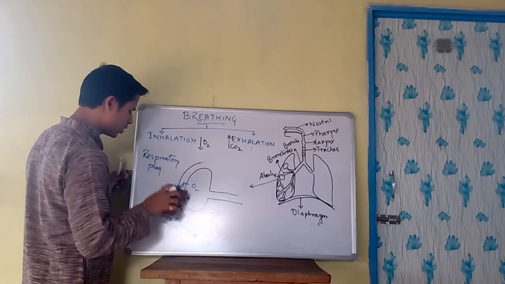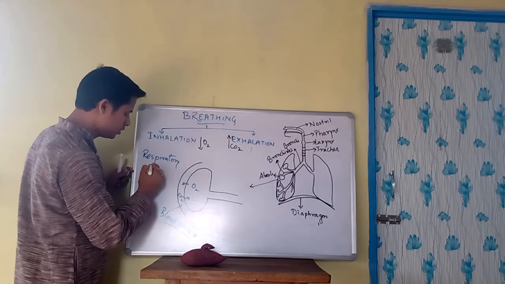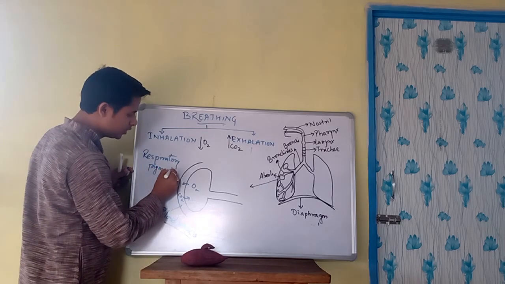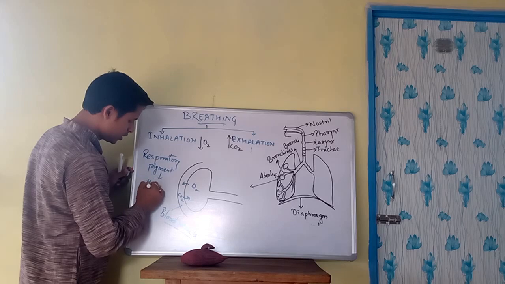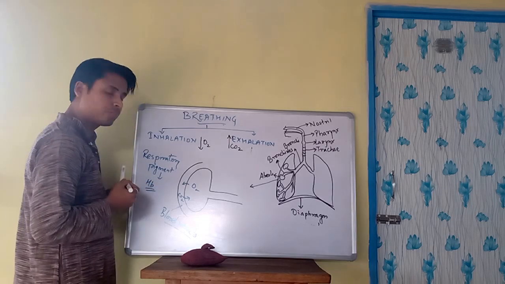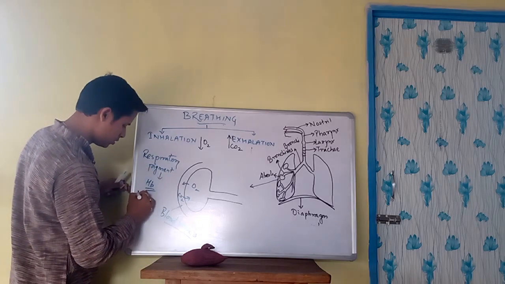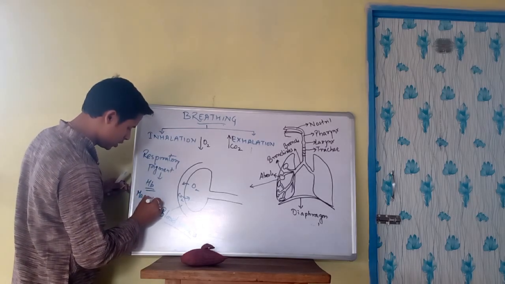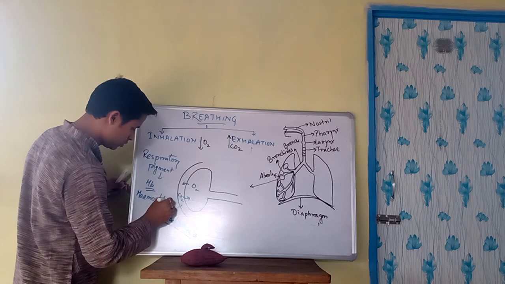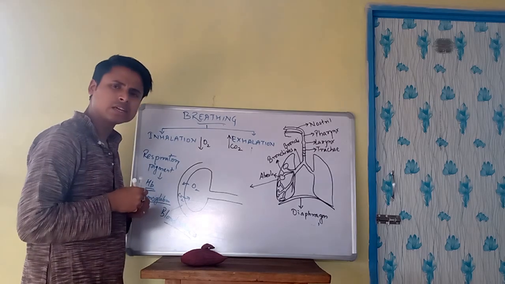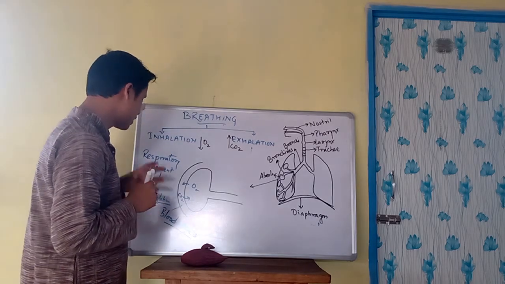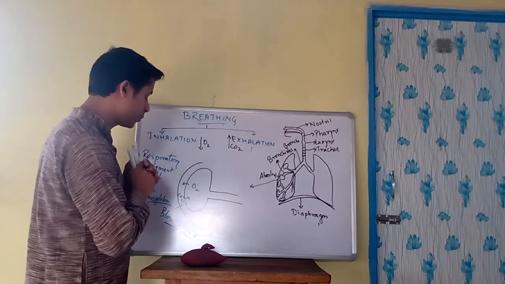Can you guess what this respiratory pigment is? The respiratory pigment is nothing but hemoglobin, right? Hb we can write for short, or hemoglobin. So hemoglobin is present in red blood cells. So that is also known as the respiratory pigment, right?